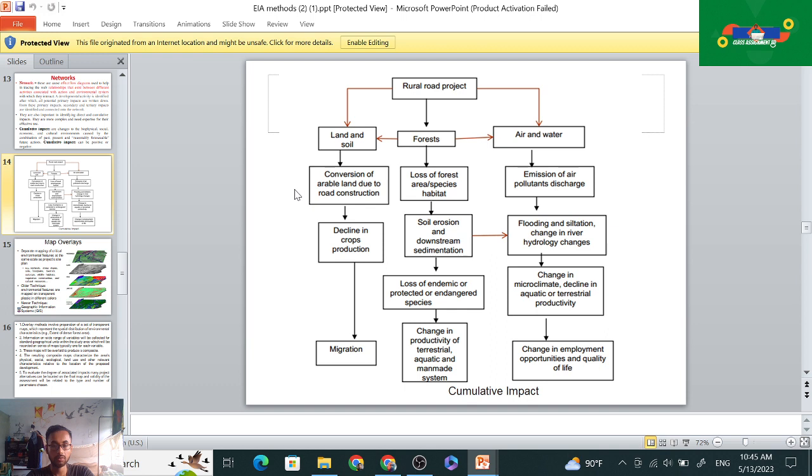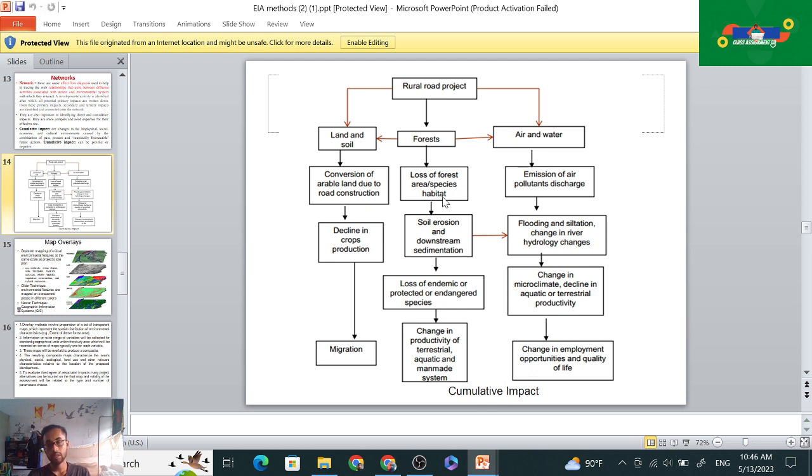Then rural road project: land and soil, conversion of the arable land due to the road construction, decline in crop production, migration. Then loss of forest area and species habitat. Then soil erosion and downstream sedimentation, loss of endemic or protected or endangered species, change in the productions of territorial, aquatic and man-made systems.